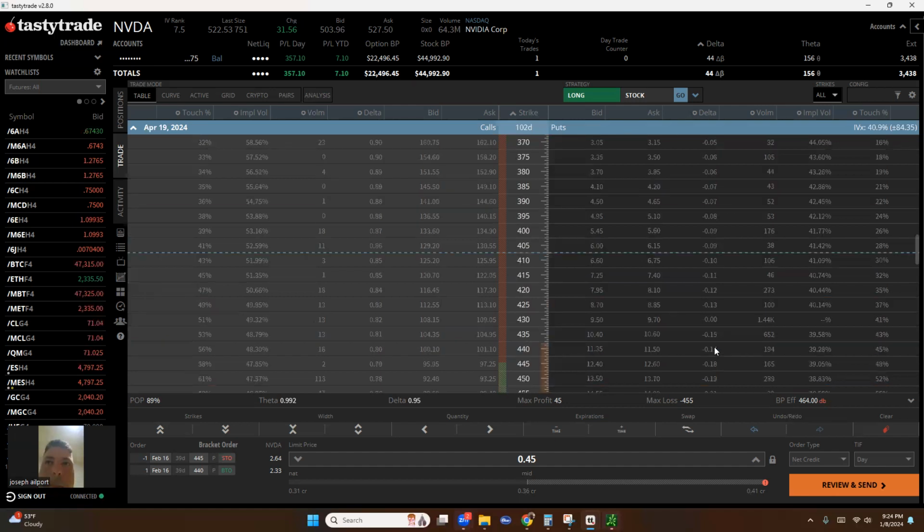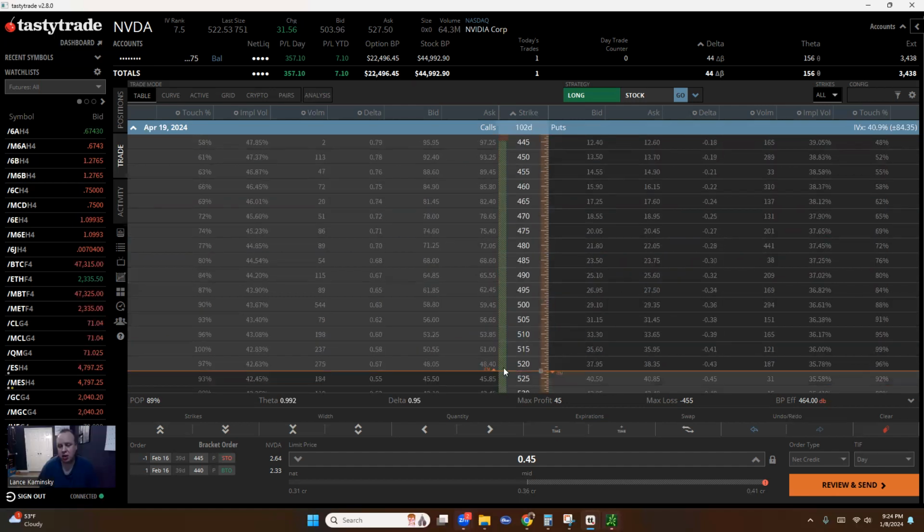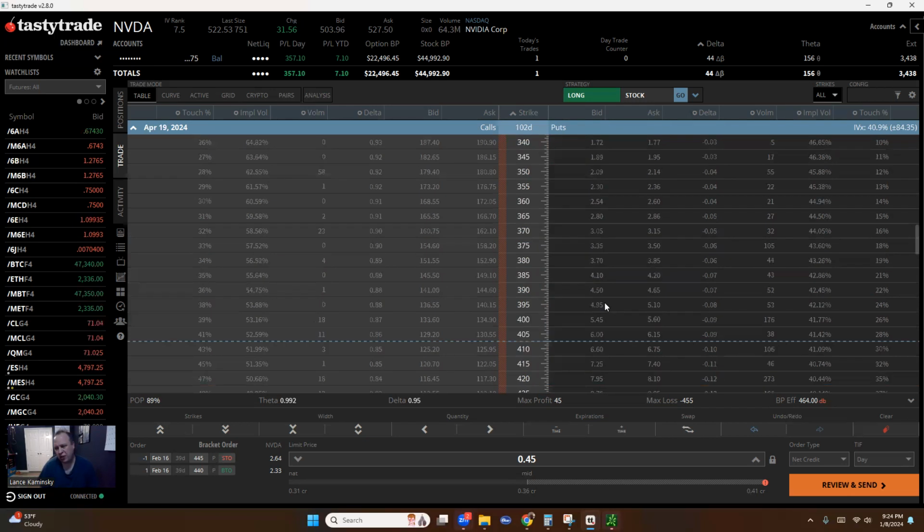Because if you go too high of a delta, you're really close to the current price, and that could easily go away from you and get challenged. If you go way too low of a delta, you're just not taking in enough money to make it worth it. As you do more trades, you might notice some deltas you like a little bit more than others. It might take a while before you get to that point, just based on statistics and probabilities. But I like around 0.06, 0.09 or so delta.